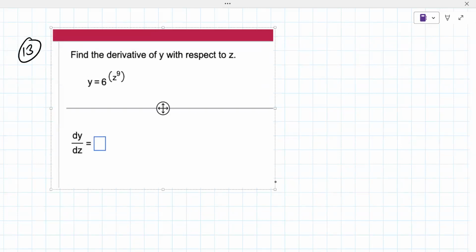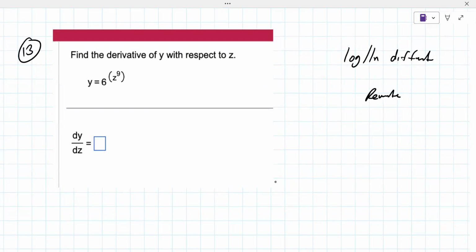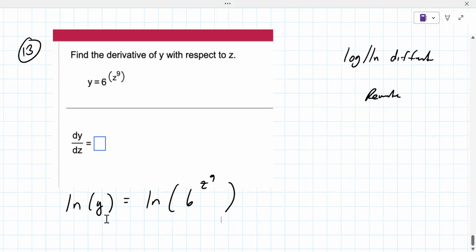Logarithmic differentiation is essentially a rewrite step, and you take the natural log of both sides of the equation. So if you see the original is y equals 6 to the z to the 9th power. You start by taking a natural log of both sides.